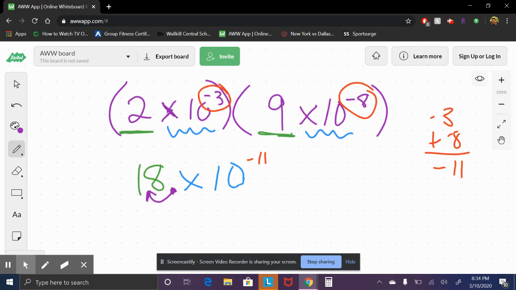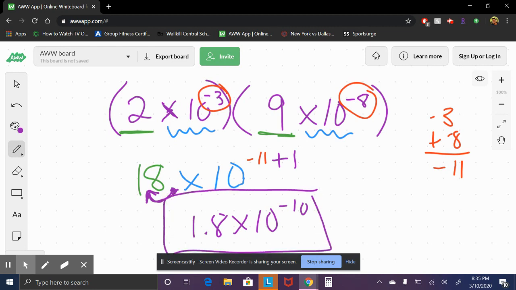So we're actually making this number smaller. That means the exponent, again, needs to become bigger. So it becomes 1.8 times 10 to the negative 10th. That would be my final answer.